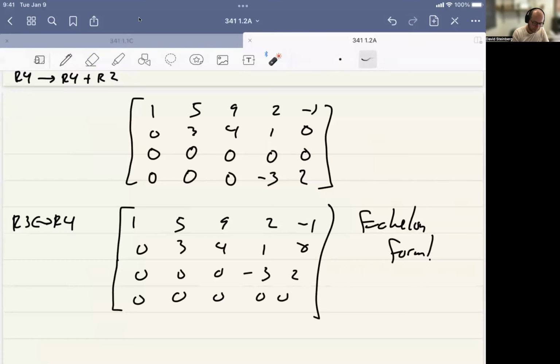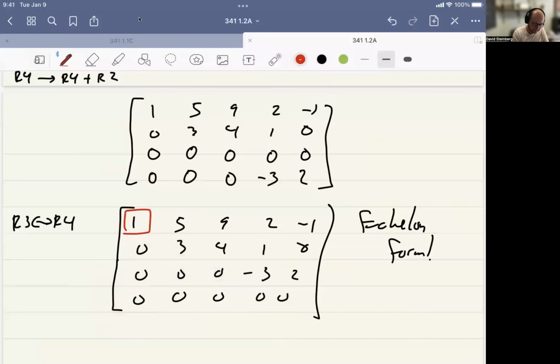Right, rows of zeros below, cascading leading entries with zeros beneath them. Once we've got echelon form, we can find what are called the pivot positions.